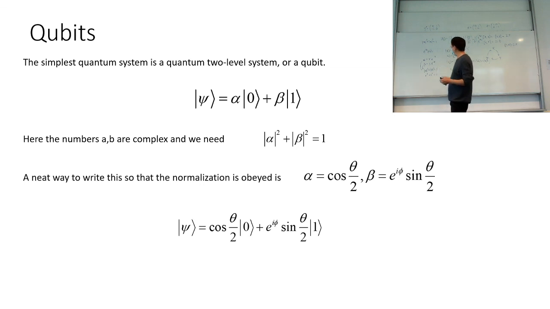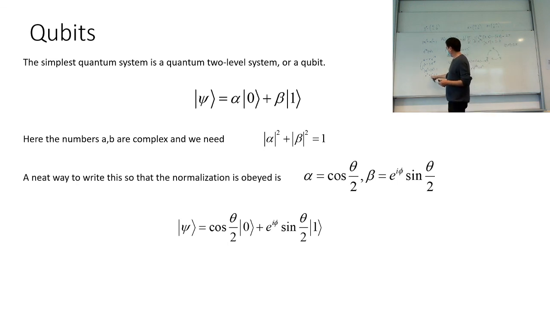Any number's modulus squared is alpha star times alpha. Alpha is r e to the I chi, and alpha star is r e to the minus I chi, and then these e to the I somethings always disappear, leaving r squared.